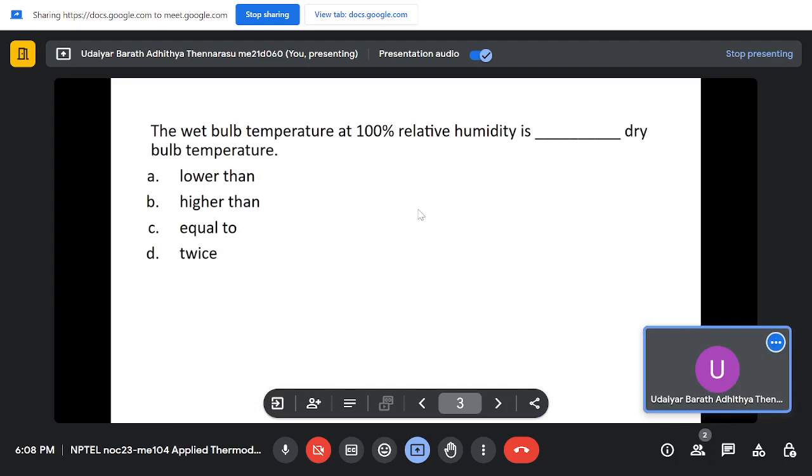Starting with: the wet bulb temperature at 100% relative humidity is dash of the dry bulb temperature. The wet bulb temperature will be equal to the dry bulb temperature at 100% relative humidity.